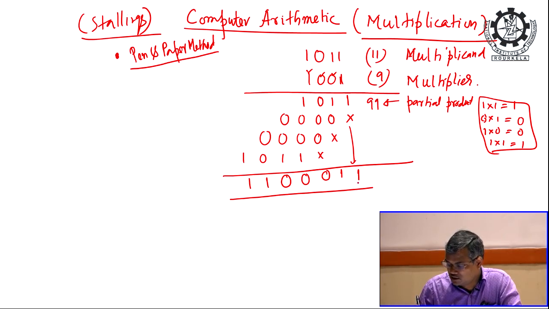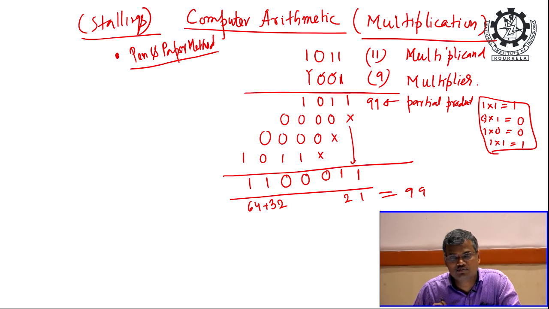We can check: 2 to the power 6 means 64, plus 2 to the power 5, 32, that is 96, plus 2 plus 1. So, this is giving 99. This is a very simple method, but it is for unsigned numbers.